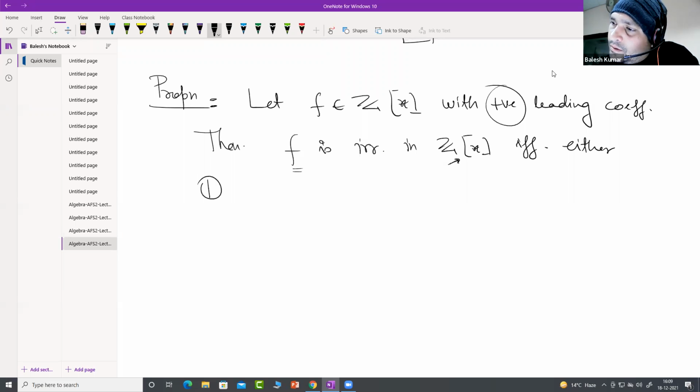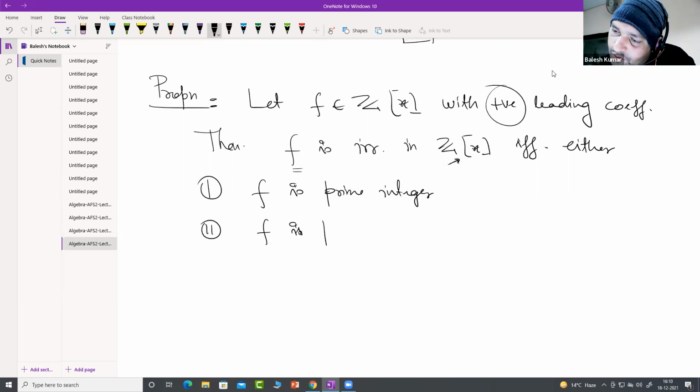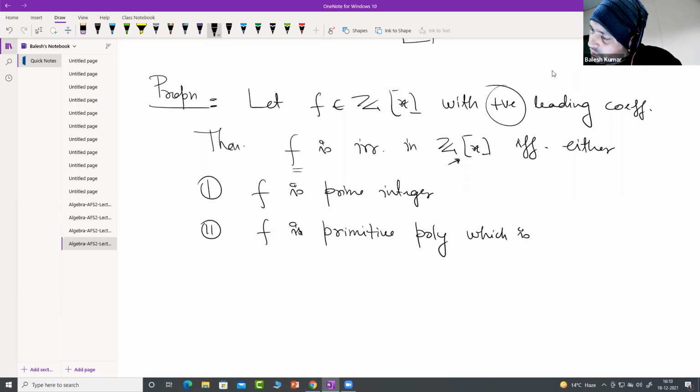So what will be the irreducible elements? One thing will be that f is a prime integer, so either f will be a prime integer or f is an irreducible primitive polynomial, which is of course irreducible in Q[x].